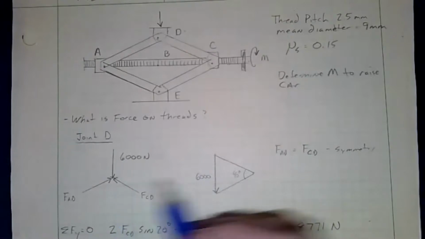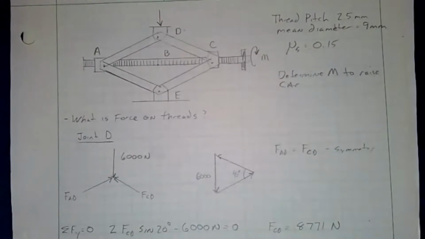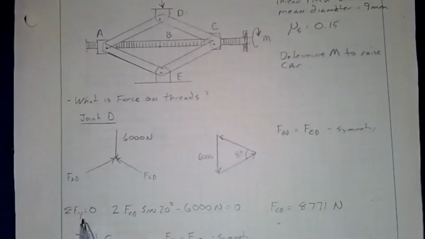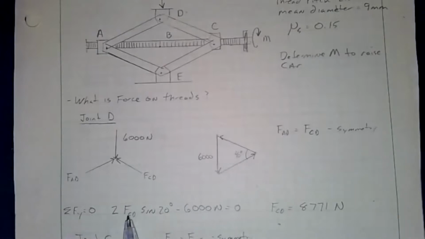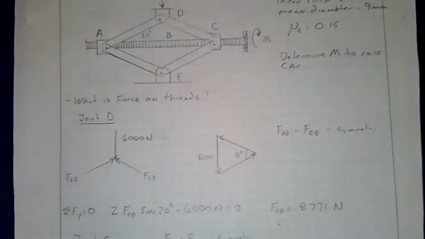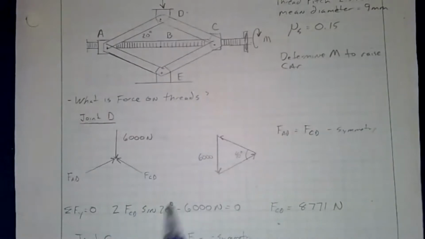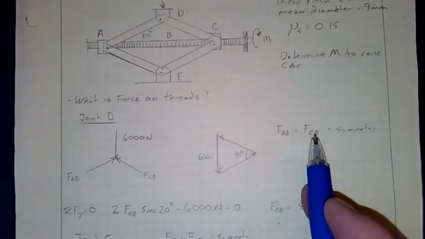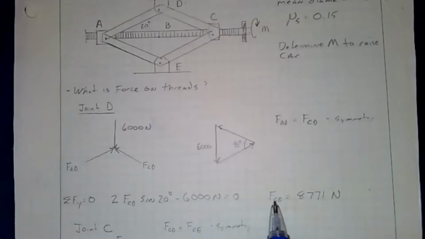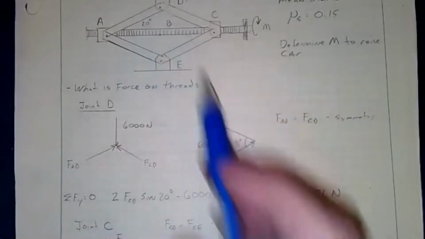We know that force triangle is created by this. If we sum the forces in the y direction, we have 2 times the force CD, because remember this is 20 degrees, and everything's the same, 20, 20 all around. Since FCD and FAD are the same, we can determine that FCD is 8,771 newtons. All right, so that's simple. Now we know how much is in each of these bars.